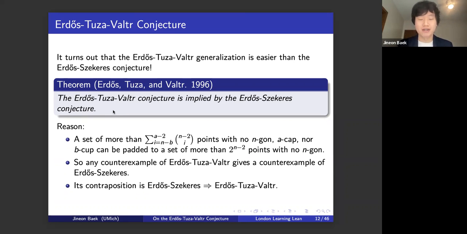So not Erdős-Tuza-Valtr implies not Erdős-Szekeres, so its contrapositive is Erdős-Szekeres implying Erdős-Tuza-Valtr. And if you're a fan of computable or decidable math, these statements are all decidable and finite, so you don't need to worry about that.